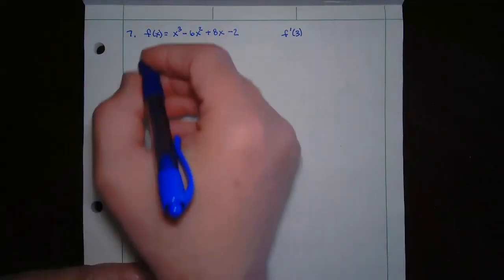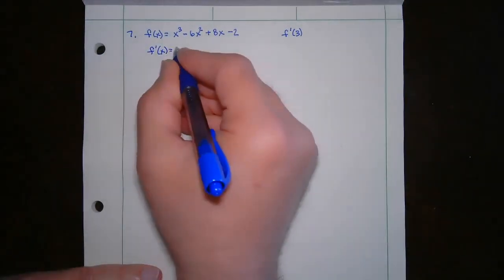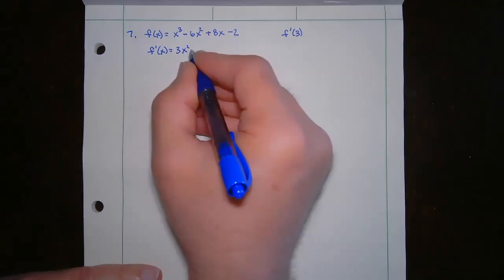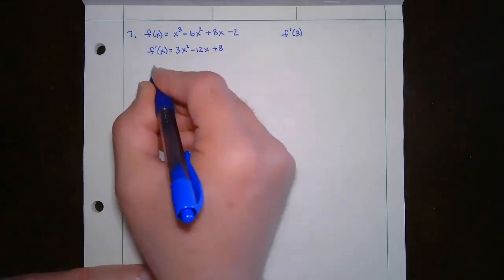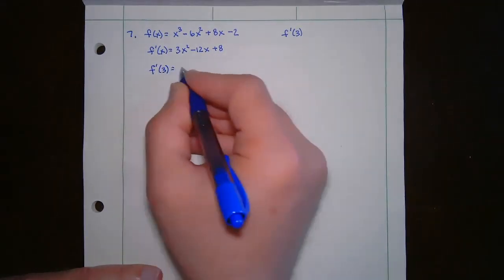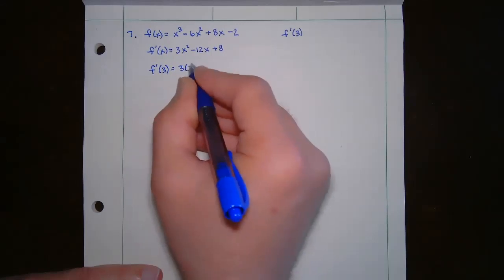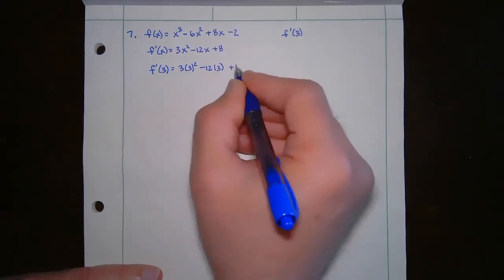Okay, so to do this, we've got to find f prime of x. So f prime of x is equal to 3x squared minus 12x plus 8. And so then f prime of 3 would be 3 times 3 squared minus 12 times 3 plus 8.